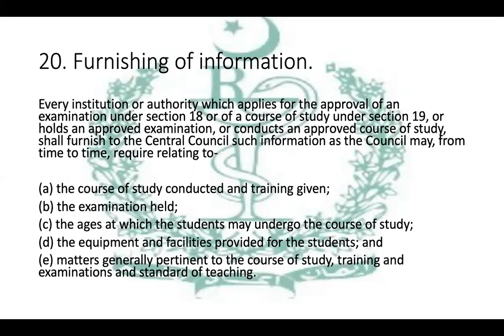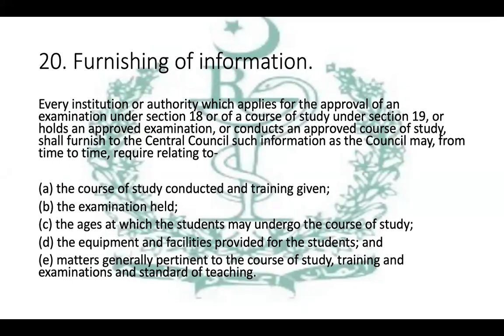So all these requirements and conditions must be asked from the respective institutions, whether they have these facilities available or not. Then they have to ask for these facilities for the approval of the institution under section 18 or 19.